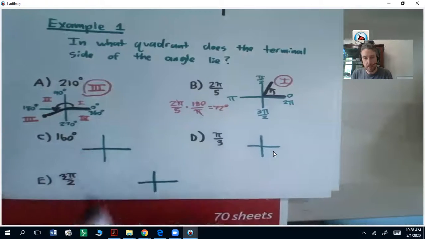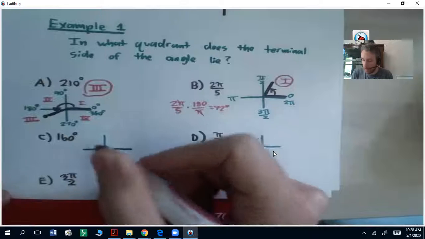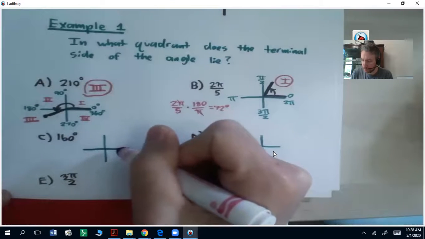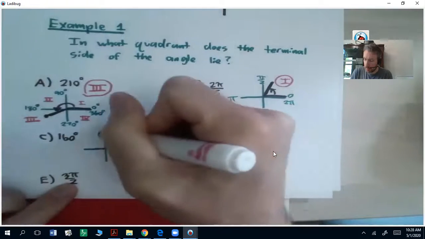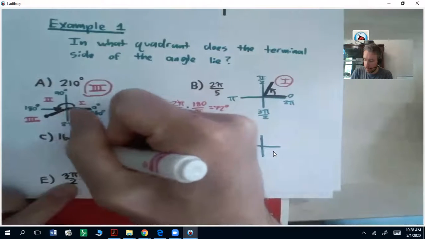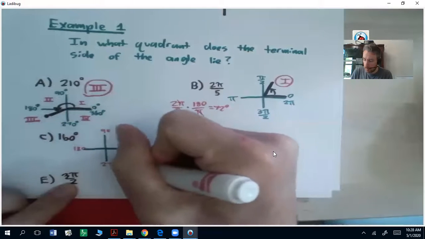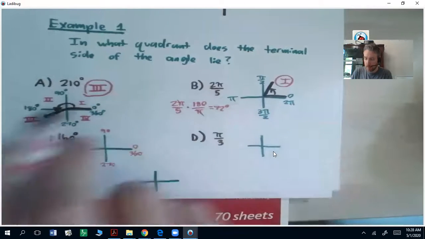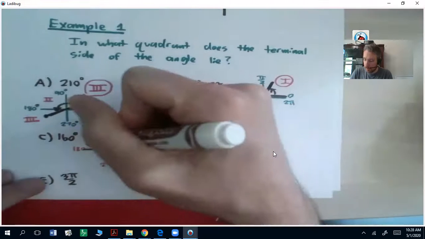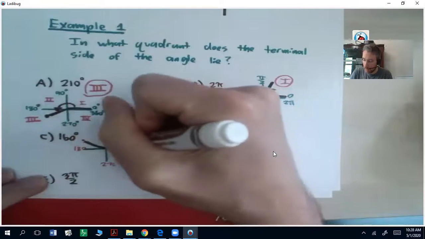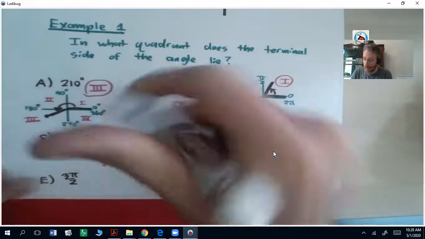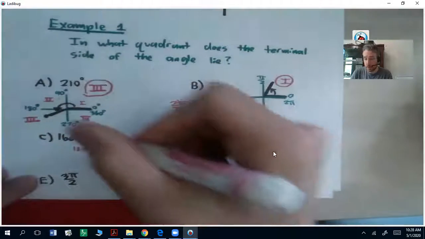All right, try C. Let's see what you got. 160 degrees. That's going to be between 90 and 180. So 0, 90, 180, 270, 360. So that angle should fall somewhere around here. Doesn't matter exactly where right now, but the terminal side of that angle is going to be right here, and that's going to be in quadrant 2.